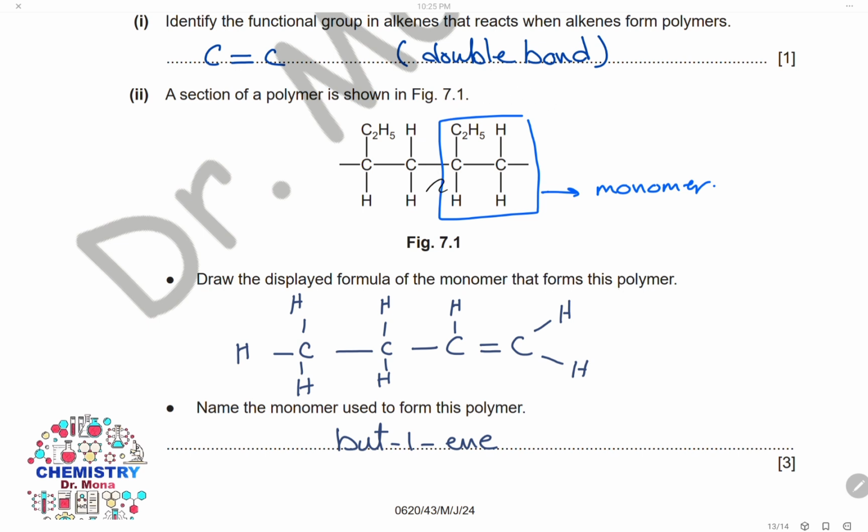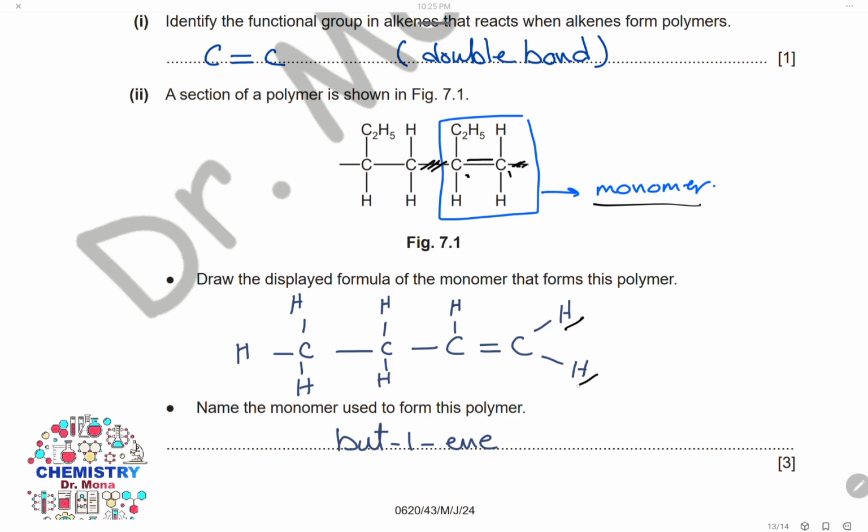Here we have the part in the box. This is the monomer, and we want to draw a displayed formula for the monomer. First, we will remove the open ends, and we will add a double bond between the two carbons, and we will number this as 1 and this as 2. So carbon number 1 has 2 hydrogens.